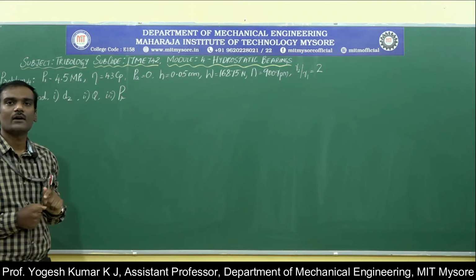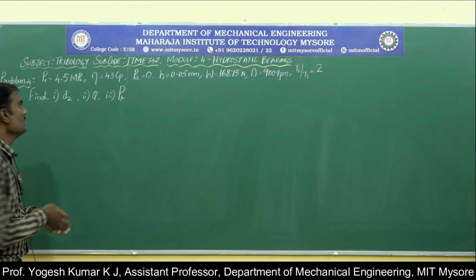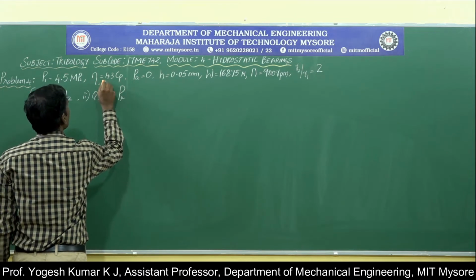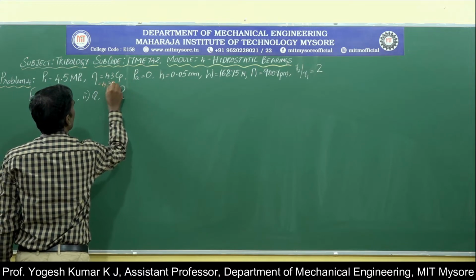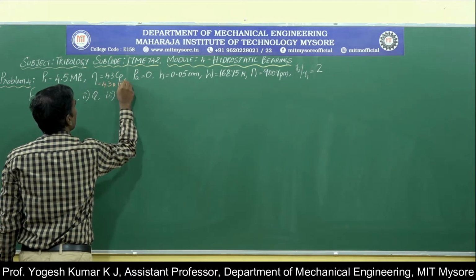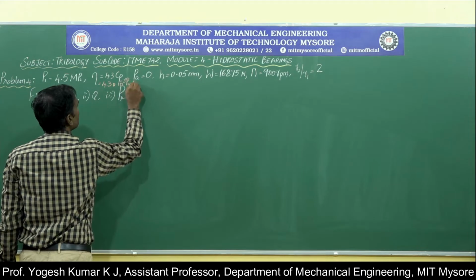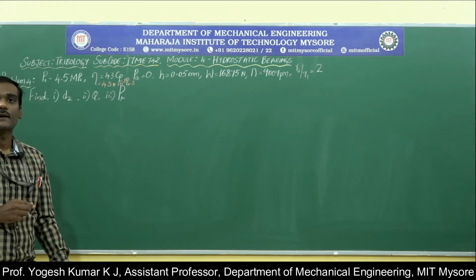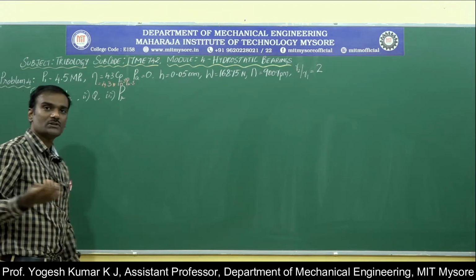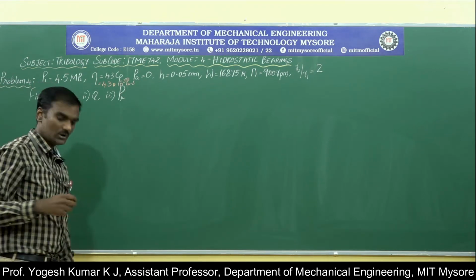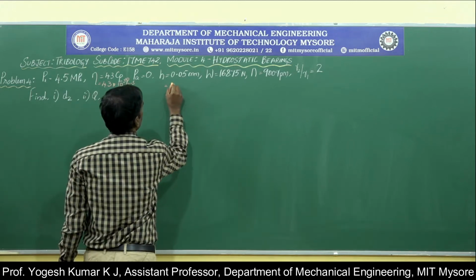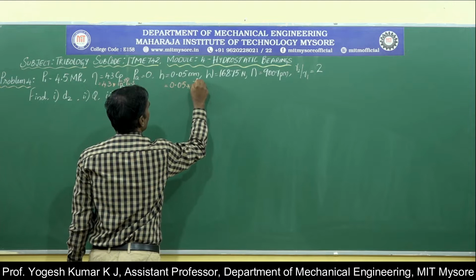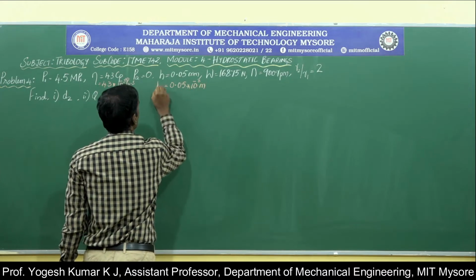Viscosity of the lubricating oil is 43 centipoise, which converted to Pascal second becomes 43 into 10 power minus 3 Pascal second. External pressure is 0. Minimum oil film thickness is 0.05 mm; let us convert that to meters: 0.05 into 10 power minus 3 meters.